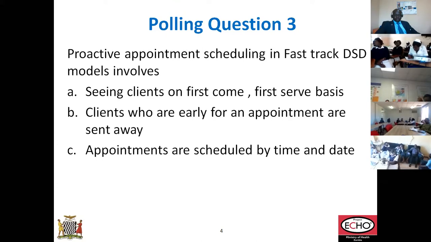Okay, so we will go to the last poll question, which is, when should you report a suspected adverse drug reaction? A, when it is serious. B, if it occurs more than once. C, when you are sure it is a result of the drug the patient is taking.